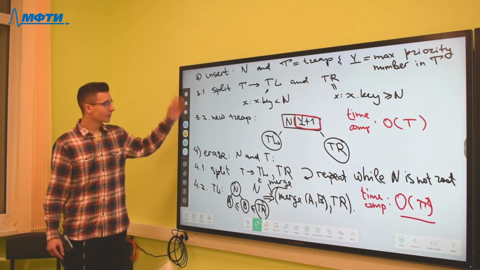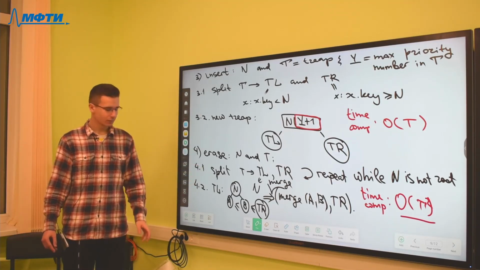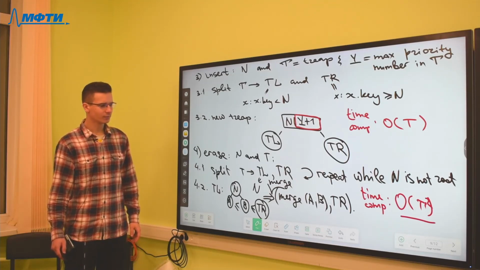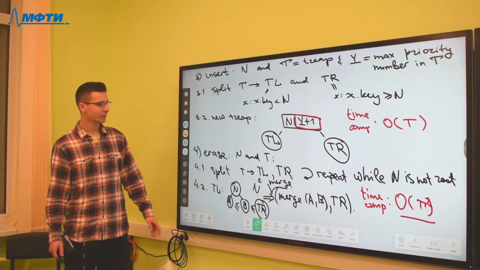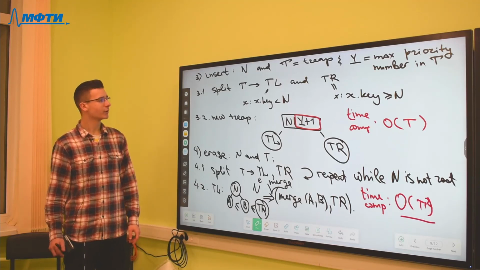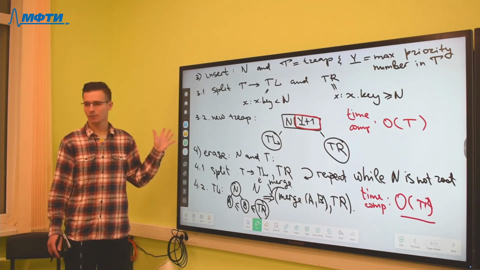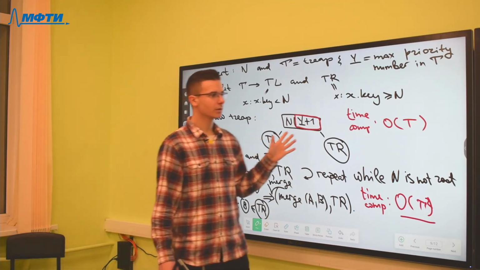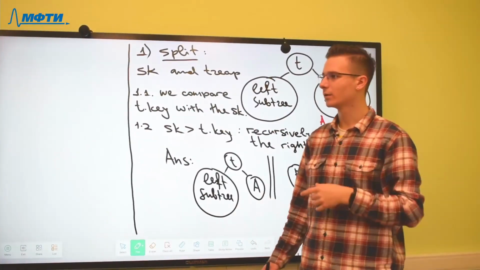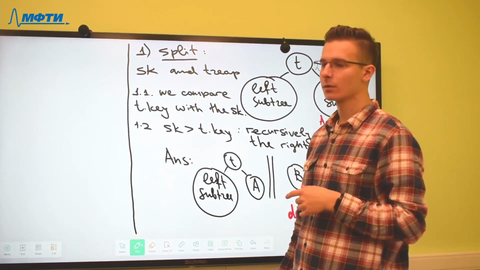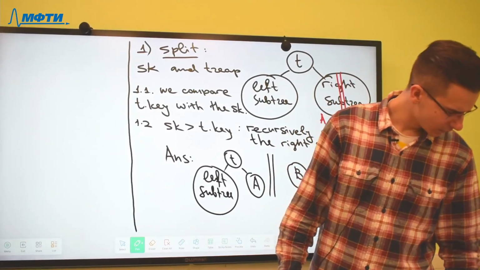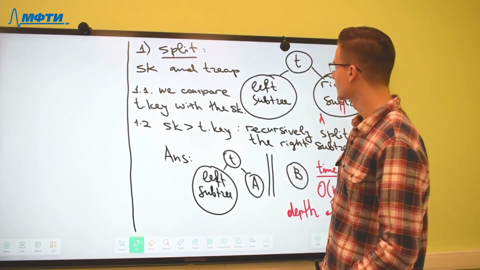So that's about two operations. Of course, there are other operations of the Cartesian tree, but all of them are based on merging and splitting. So when you implement this class, you firstly write splitting and merging, and then implement other operations using them. I think that is all that I want to talk about today.